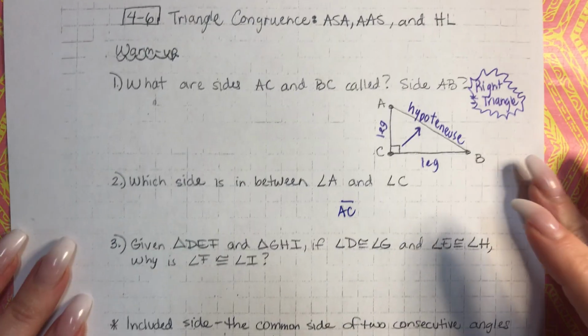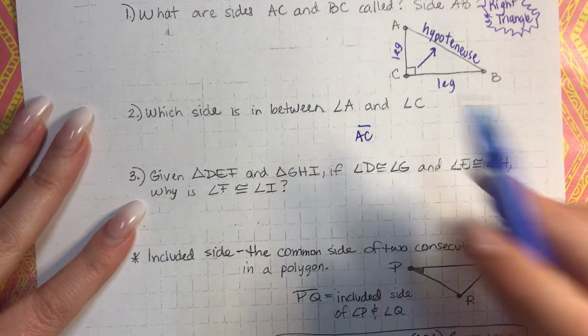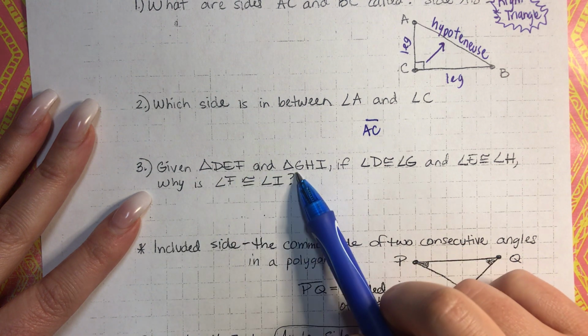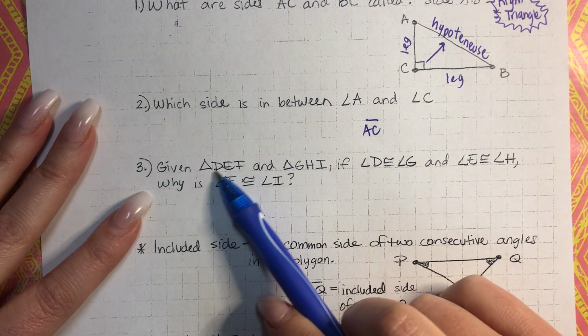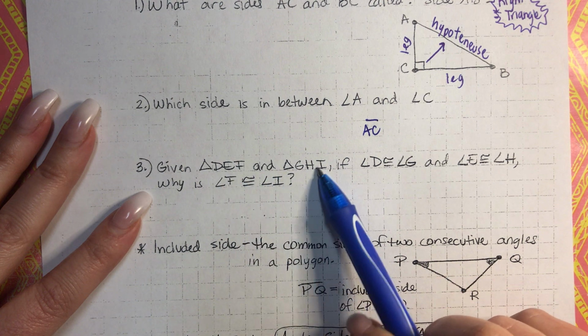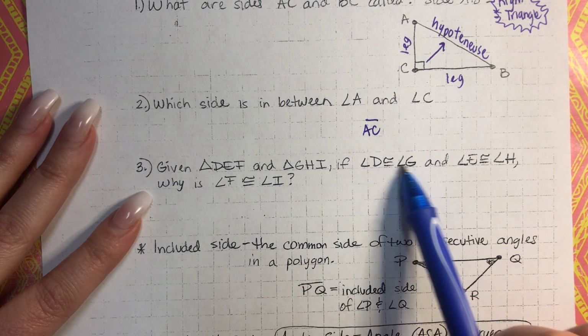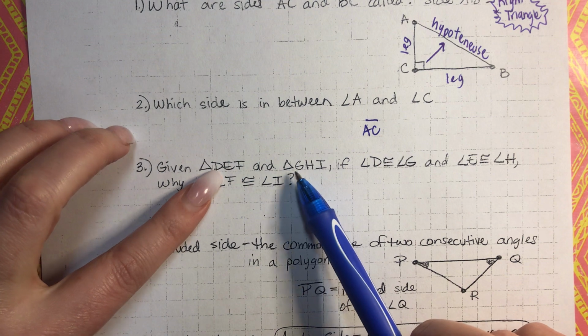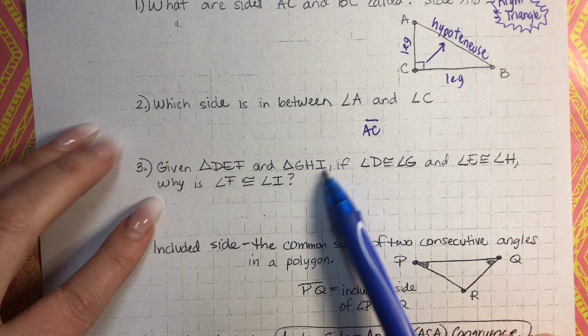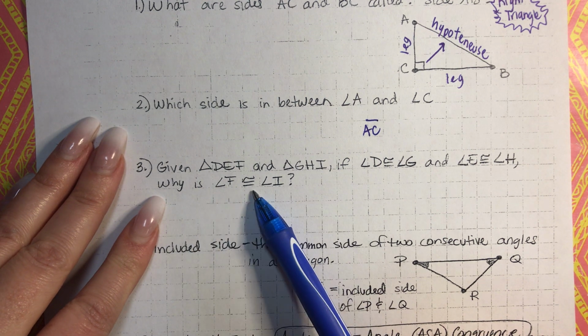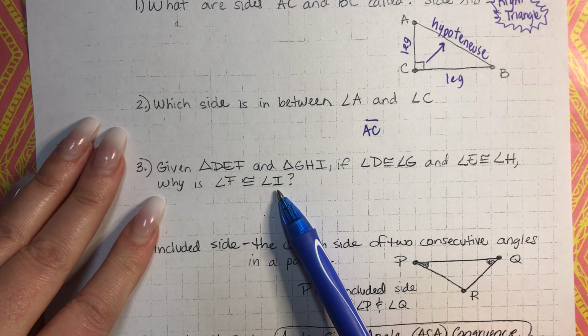And lastly, problem number 3. Given triangle DEF and triangle GHI, if angle D is congruent to G, and E is congruent to H, why is angle F congruent to angle I?